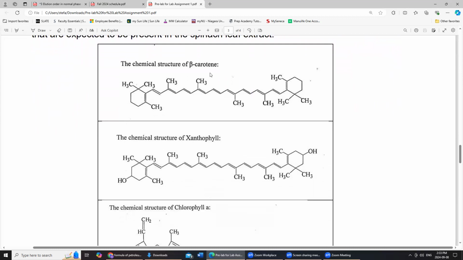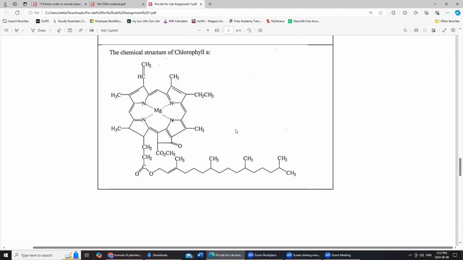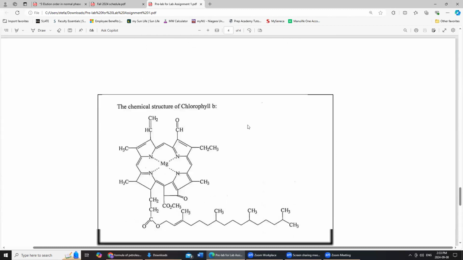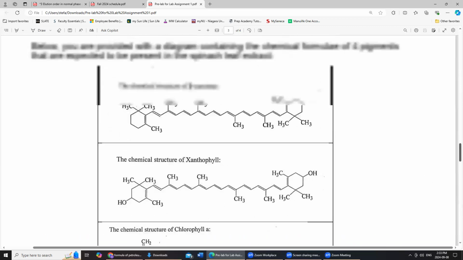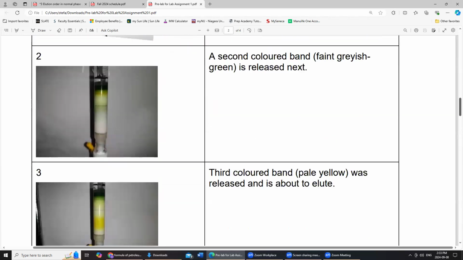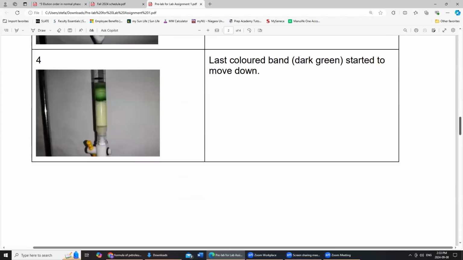So we have beta carotene, xanthophyll, chlorophyll A, and is there one more? Chlorophyll B. So those are 4 different pigments, I think. So we got the orange, the grayish green, yellow, and dark green. So 4 pigments.